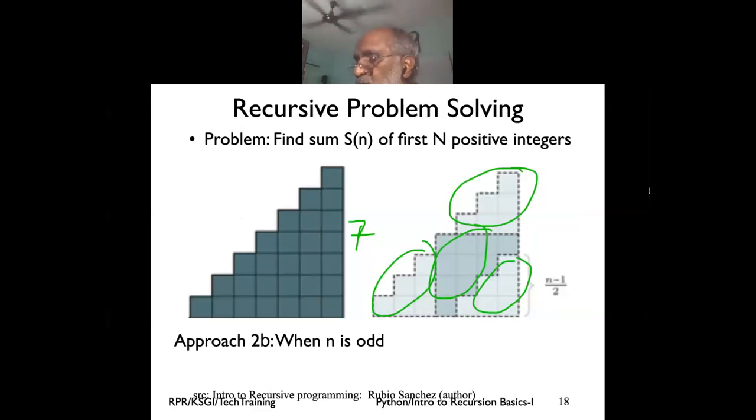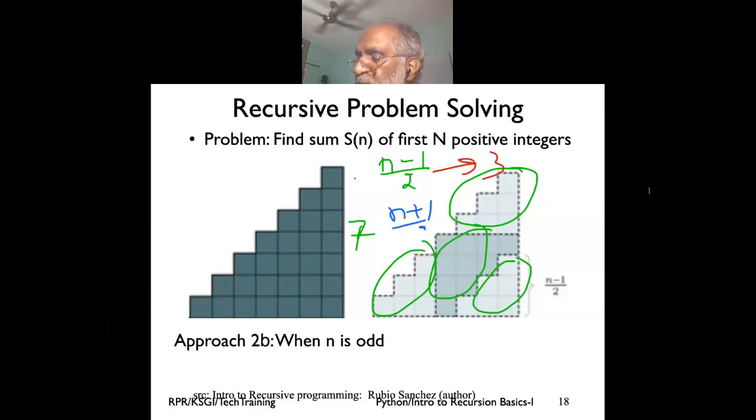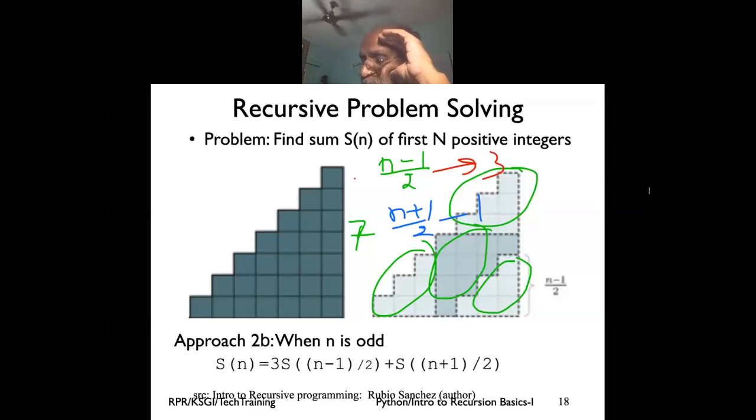That means when n is odd, I'll get 3 problems of size n minus 1 by 2 and 1 problem of size n plus 1 by 2. So my answer would become 3 problems of n minus 1 by 2 plus 1 problem of size n plus 1 by 2.